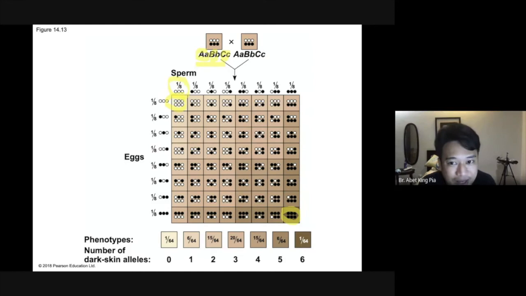Ang pinag-uusapan lang natin is the number of combinations na pwedeng lumabas dun sa binigay naming example. So, ang sagot dun is 8. Pero sa allele combination, depende na yun sa number ng mga magkakapareho at hindi. So, pwedeng bumaba from 8 yung number of allele combinations mo. Yun na yung sagot sa 4.2 tsaka 4.3 sa worksheet number 1.